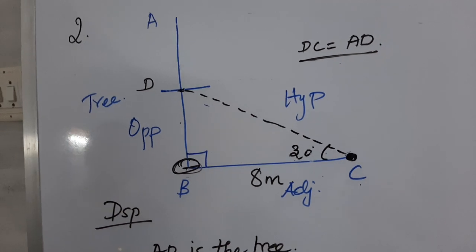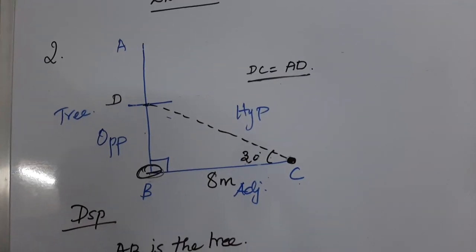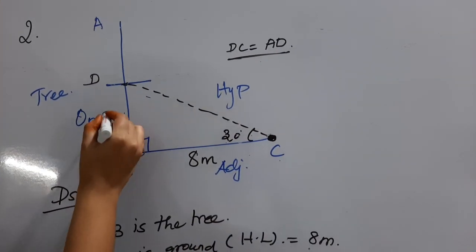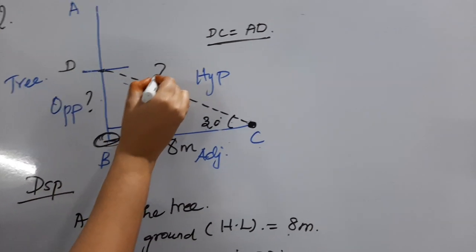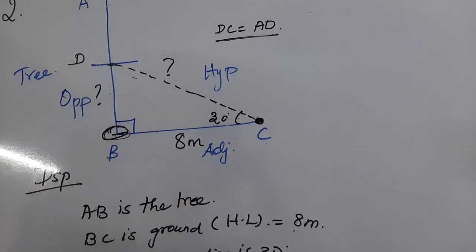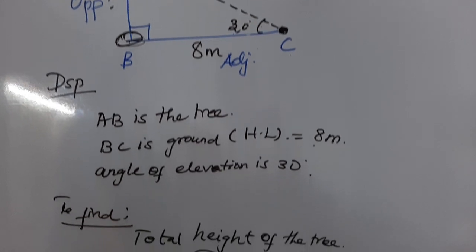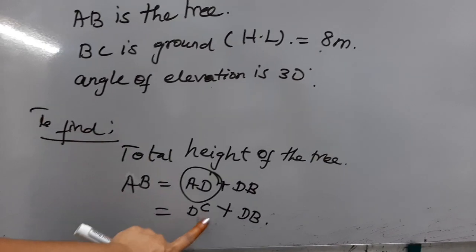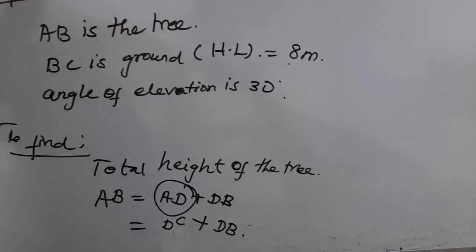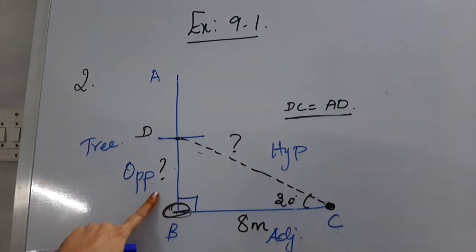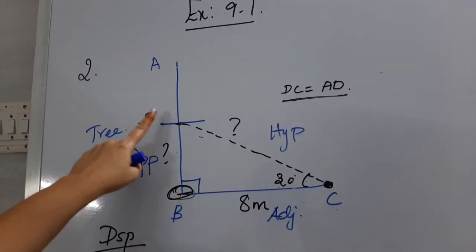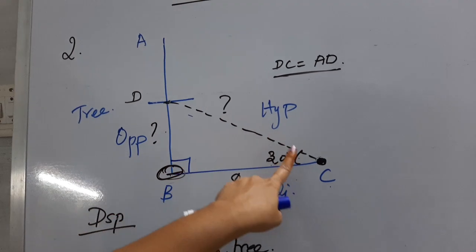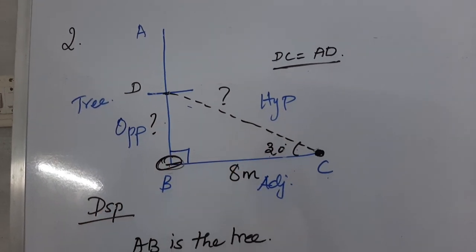Now to find out the total height of the tree, we need to calculate DC plus DB. DB is the opposite side and DC is the hypotenuse. Both the values we want to find out here.